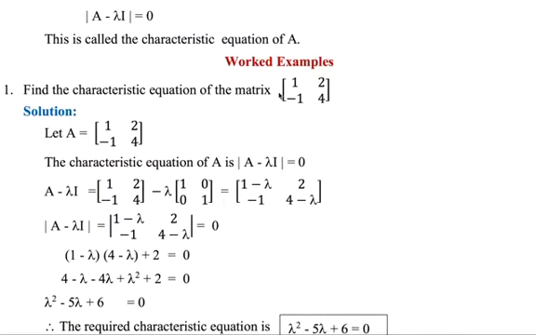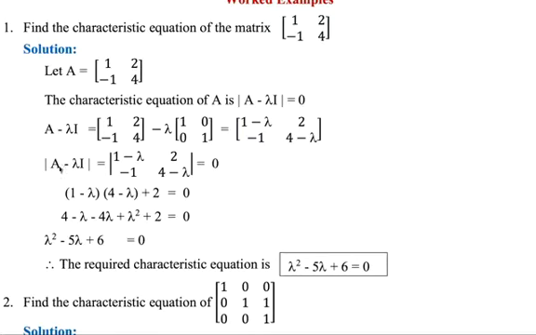Let's find the characteristic equation of A. First, write lambda I. This is a 2 by 2 matrix, so lambda I is lambda 0 0 lambda. Now A minus lambda I will give you 1 minus lambda, 2, minus 1, 4 minus lambda.